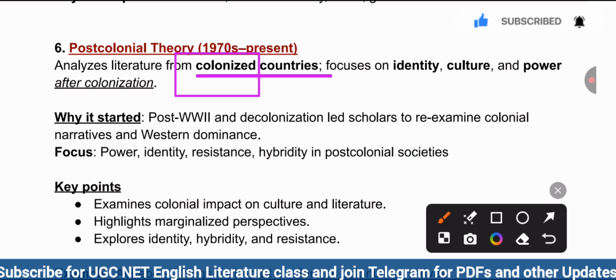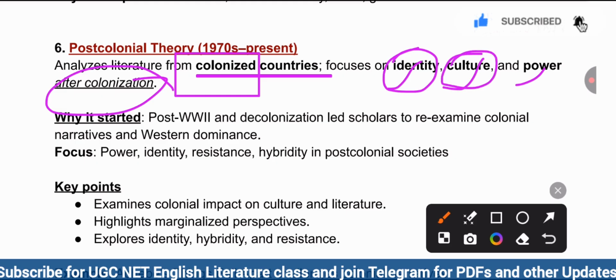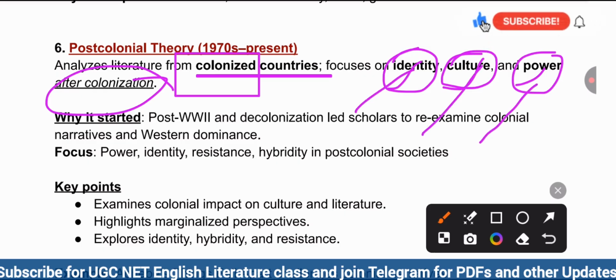It focuses on identity, culture, power. After everyone was colonized, no one had their own identity, no one had their own culture, and no one had power. Only the ruling people, only the ones who had power, dominated or tortured them.